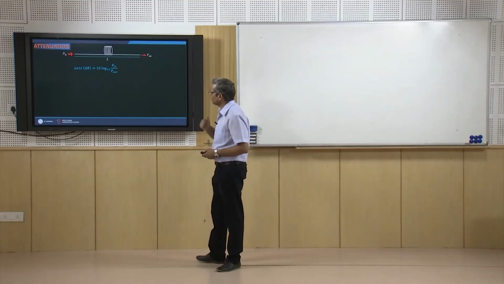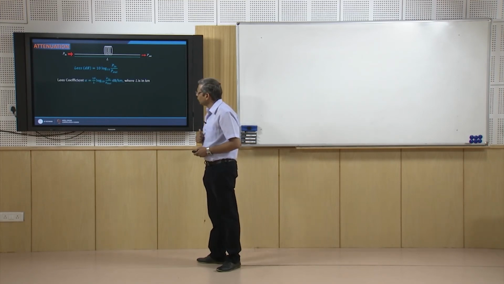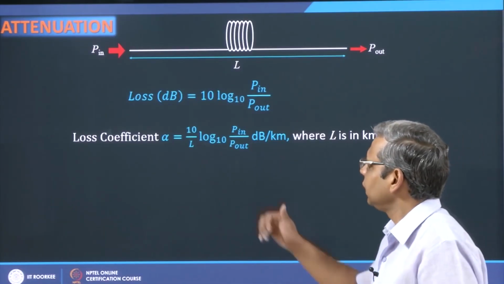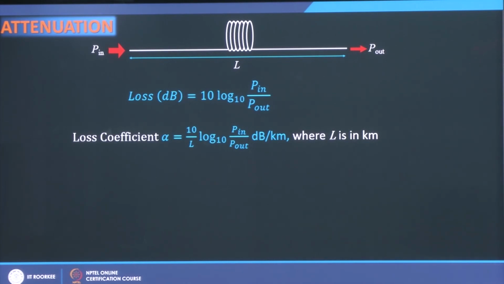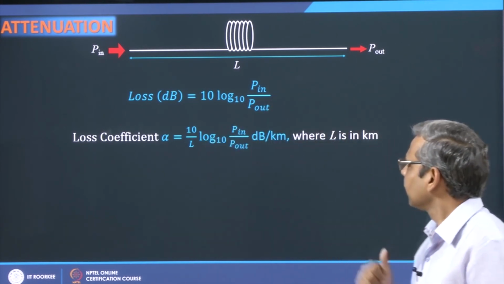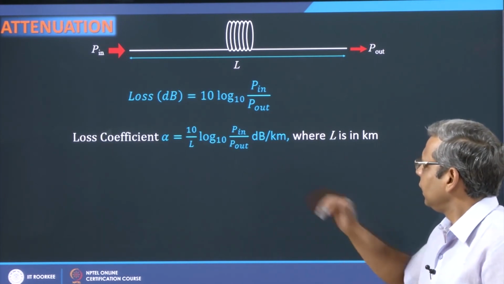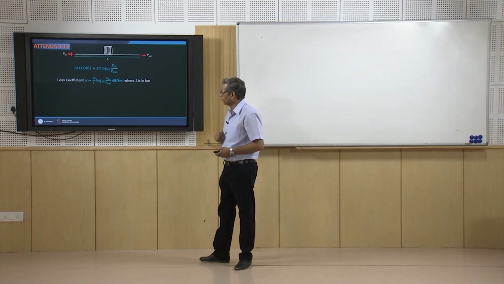So, this is the loss in dB through L length of an optical fiber. It is often convenient to represent this loss in terms of a loss coefficient, which is loss in dB per kilometer length of the fiber. So, I divide this by L and I get this loss coefficient alpha in dB per kilometer, where L is in kilometers.